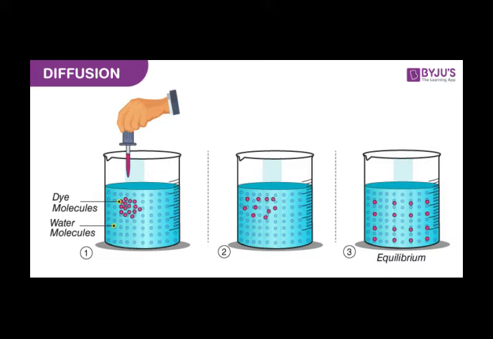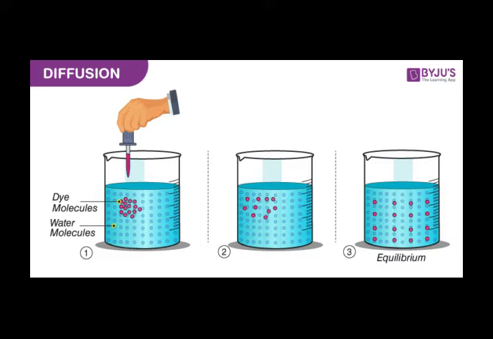You can see figure 4.3 on page number 39, which shows the process of diffusion. See what happened. There are 3 beakers. Place a sugar cube or a small tablet of soluble dye or a crystal of potassium permanganate in a beaker containing water.